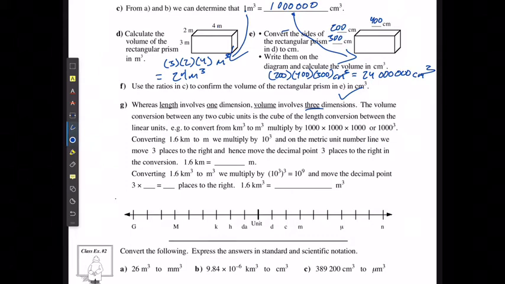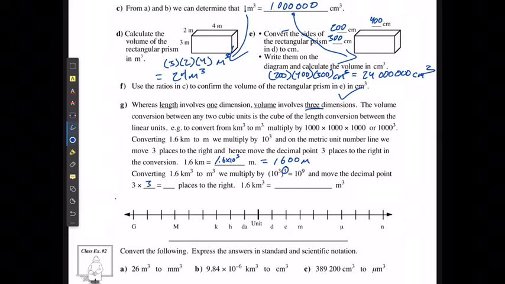So if I was going to say that 1.6 kilometers was equal to 3 places to the right, 1.6 times 10 to the power of 3, or 1,600 meters. If I'm doing it as a volume conversion, then I have to do the exponent to the power of 3 times, or to the power of 9.